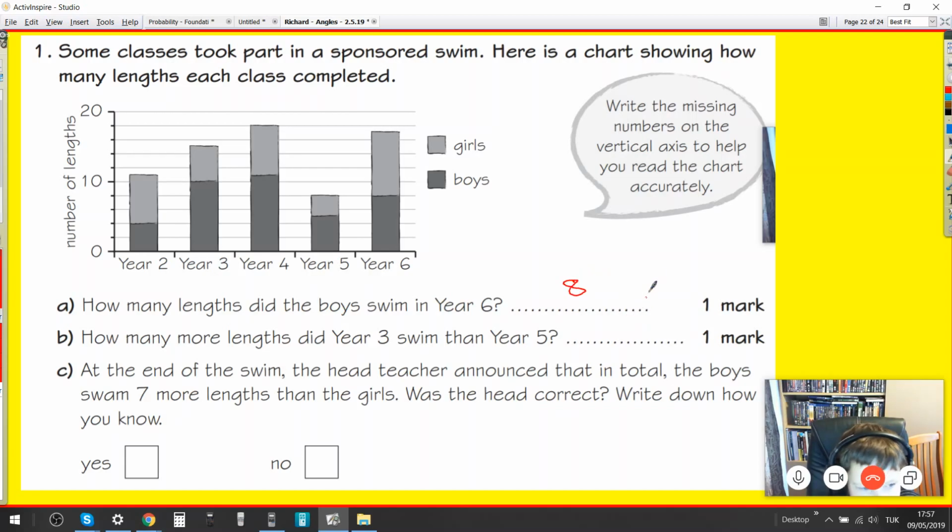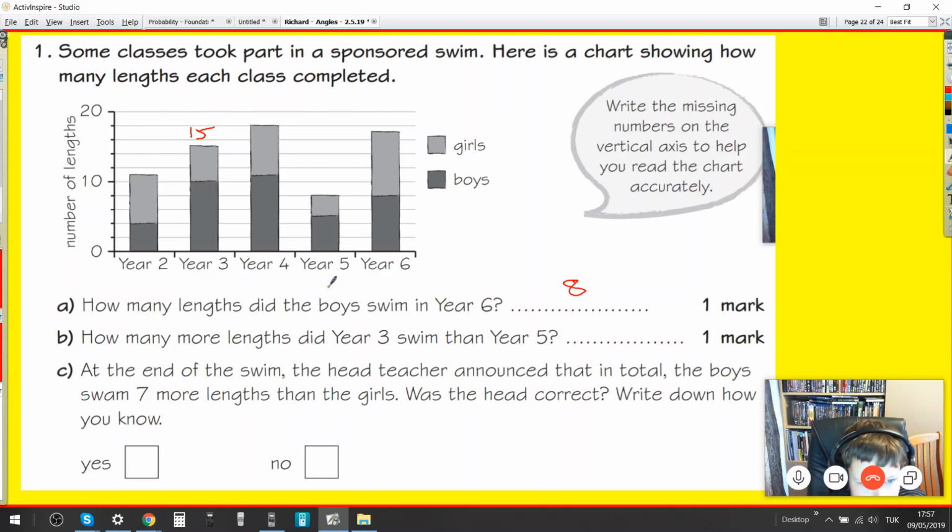And how about B? So how many more lengths did year 3 swim than year 5 in total? Well, altogether, I think that year 3 swam 15 lengths.